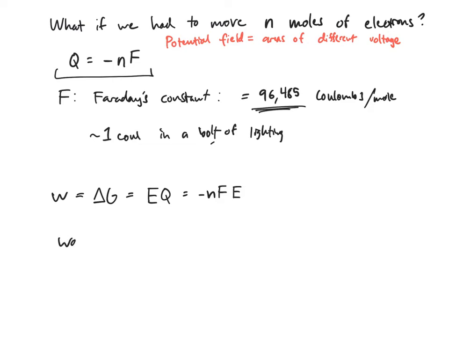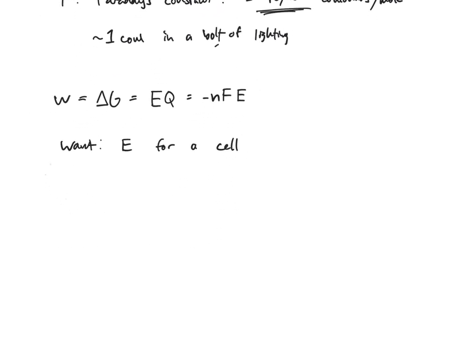For much of this chapter, we are going to want to find this E for an electrochemical cell or battery. One final note, there's going to be an E naught, which is that electromotive force under standard state conditions. And then in that case, you'll have a delta G naught, and that's going to equal negative N times Faraday's constant times that E naught.